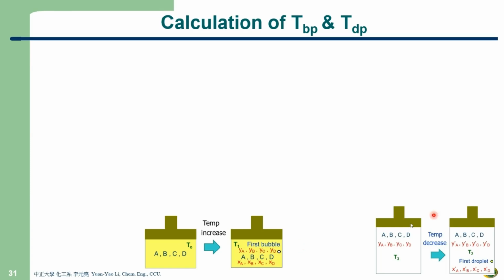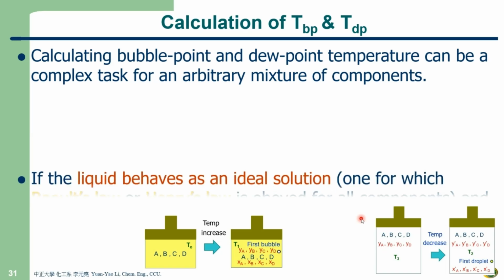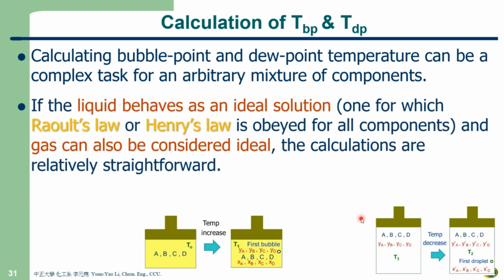So let's focus on this first. To calculate bubble point and dew point temperature can be a complex task for an arbitrary mixture of components. It's difficult, but if we regard this fluid as an ideal solution, then we can use Raoult's law and Henry's law to solve this problem.